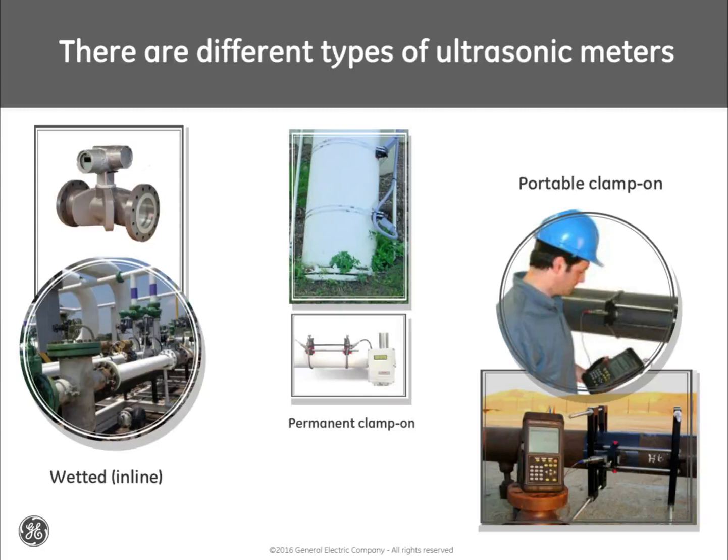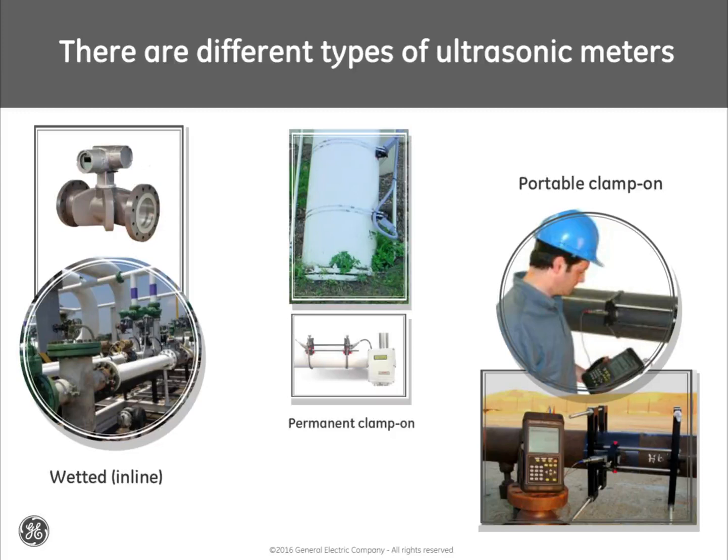For permanent clamp-on meters, we have hazardous area meters at loading docks to monitor the fluid flow of different liquid media during loading and unloading stages. We also have clamp-on water meters used to allocate water flow from rivers as part of regional water management programs.